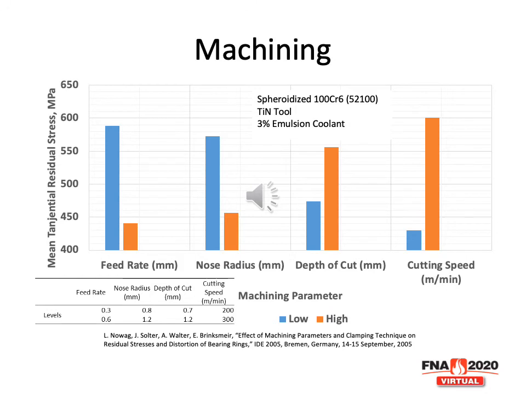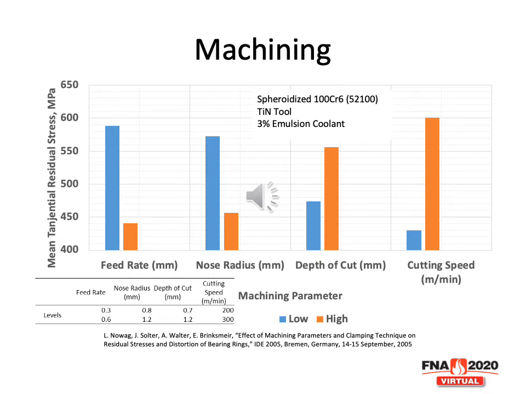For instance, very high cutting speeds contribute to very high residual stresses, whereas low cutting speeds did not. Low feed rates and a low nose radius, nose radius being how sharp the tool was, right? When it's very sharp, you create much lower residual stresses than when your tool is dull.